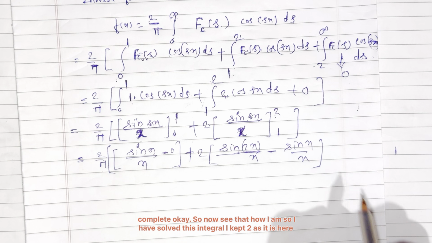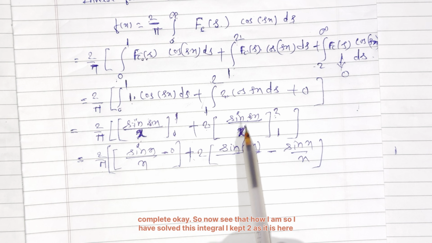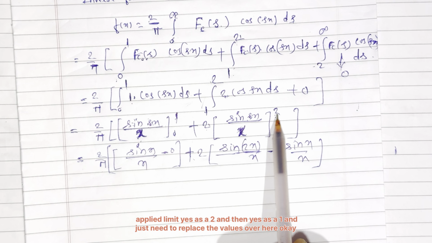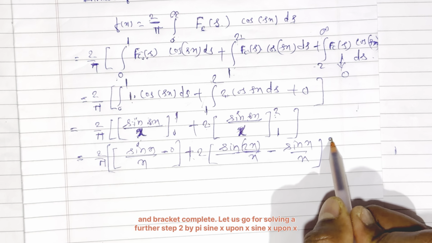Now see how I have solved this example integral. I kept 2 as it is here, applied the limit s as 2 and then s as 1, and just needed to replace the values over here. Bracket complete.